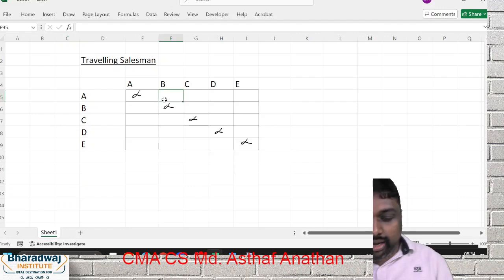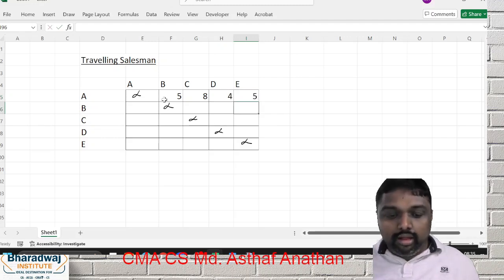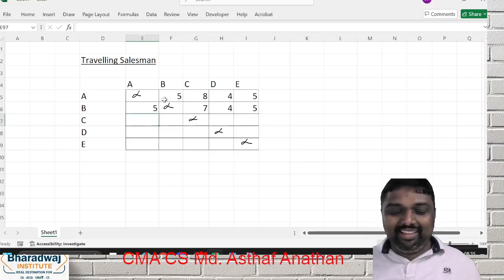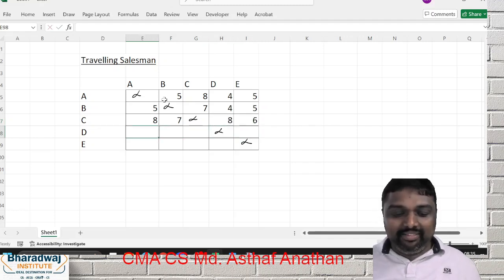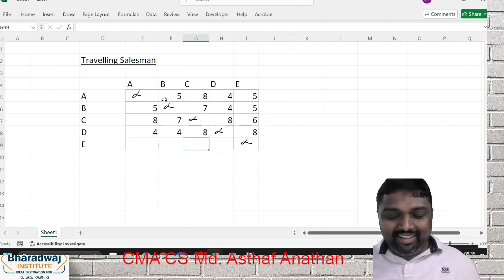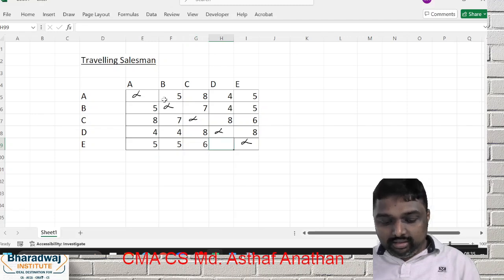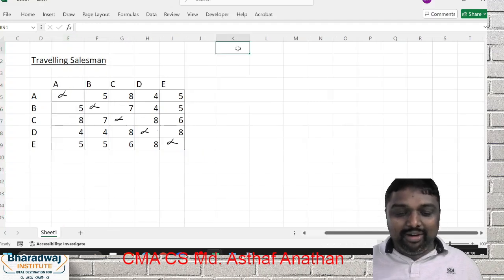The balance data you can fill in, and you can give the infinity as we did earlier. The rows are 5, 8, 4, 5; then 5, 7, 4; then 8, 7, 8, 6; then 4, 4, 8, 8; and then 5, 5, 6, 8.